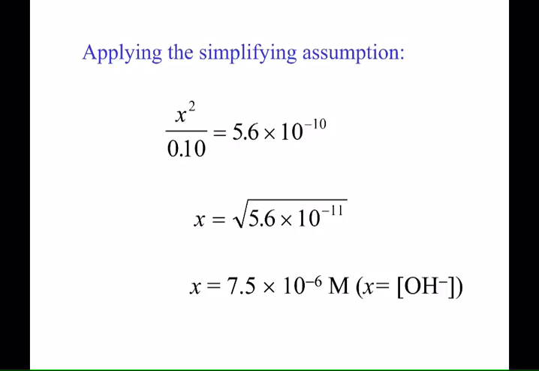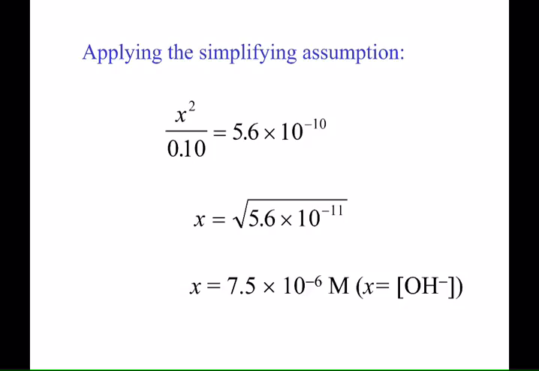Autoionization, it's interesting. So that's your hydroxide ion concentration: 7.5 times 10 to the minus 6th moles per liter.